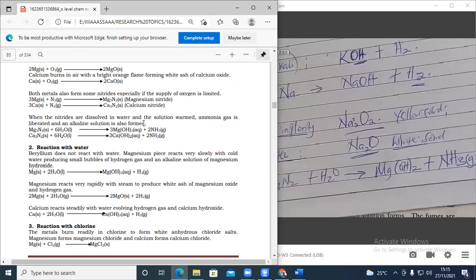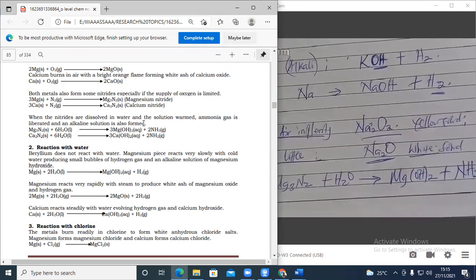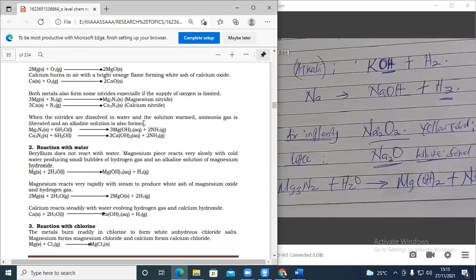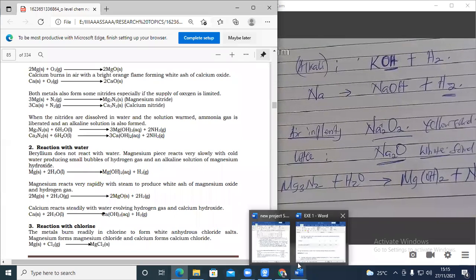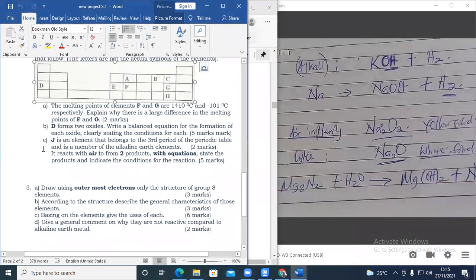And these are some of the common questions they can ask you. They don't show you directly, they ask you in a hidden way, like the way this one was asked here. J is an element in period 3 and is an alkaline earth metal. You must know why. Then it reacts with air to form two products. Write the equation.